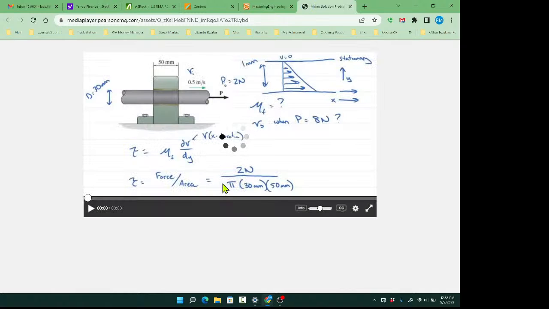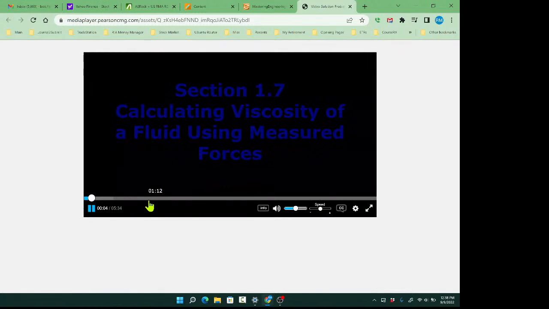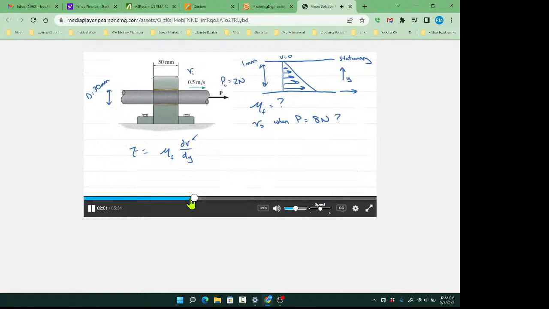Let's see what the video. Oh, it sends me to a media player. Then I guess I got to turn it on. Okay. Now we're given, and this velocity is in the x direction.